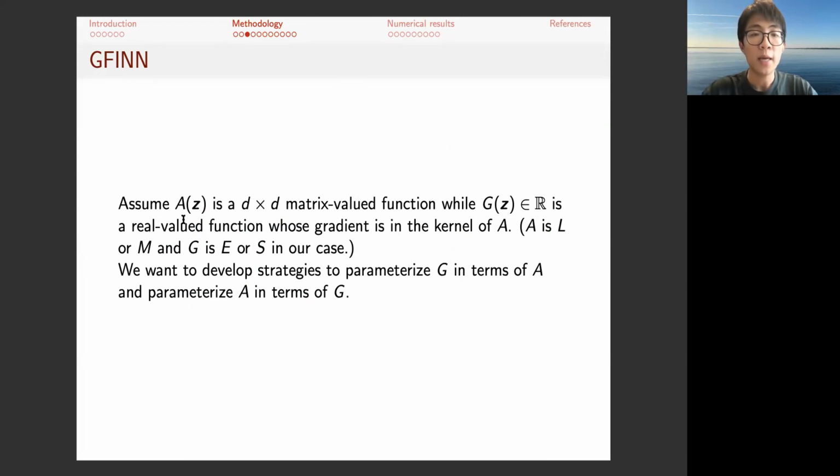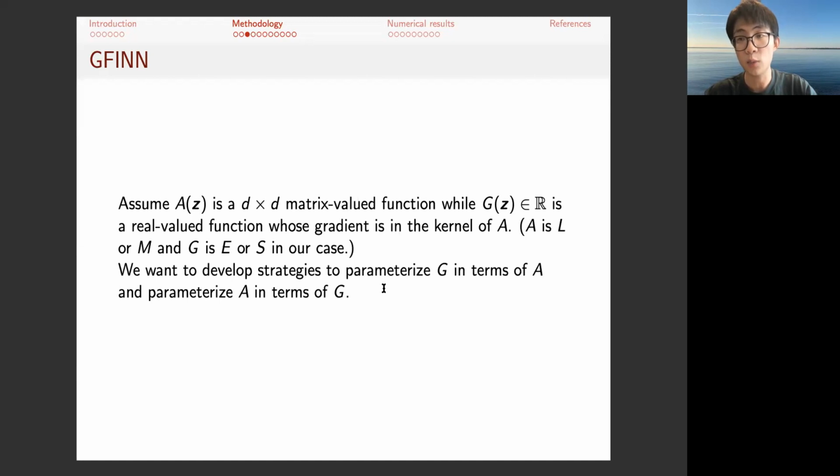We assume that A is a d by d matrix valued function, while G is a real valued or scalar valued function whose gradient is in the kernel of A. And we want to develop strategies to parameterize G in terms of A and parameterize A in terms of G. So we want to design a neural network whose gradient lies in the kernel of a specific matrix valued function.